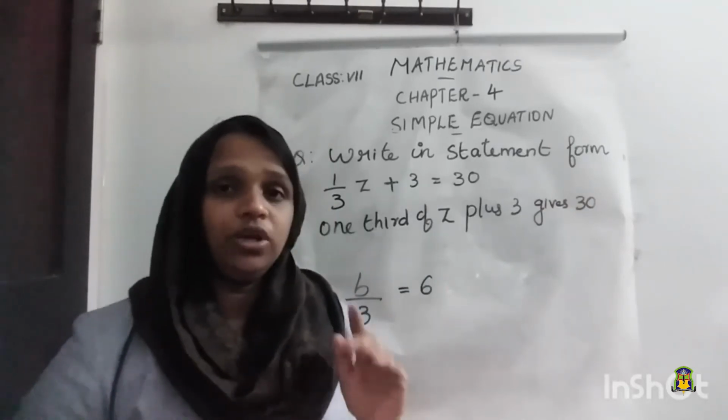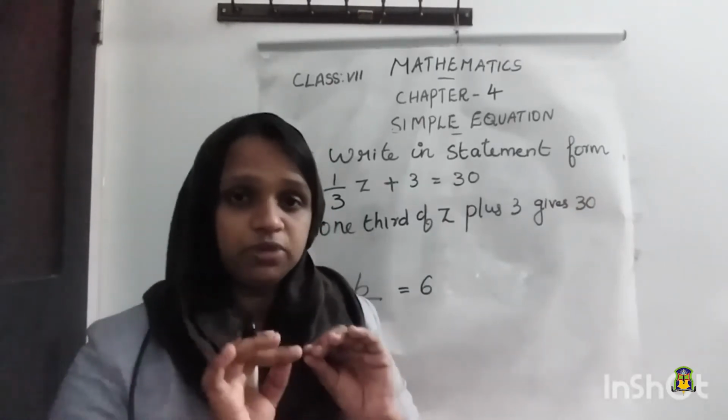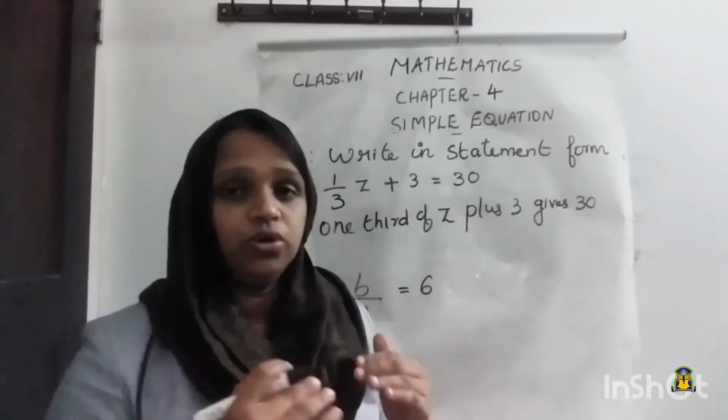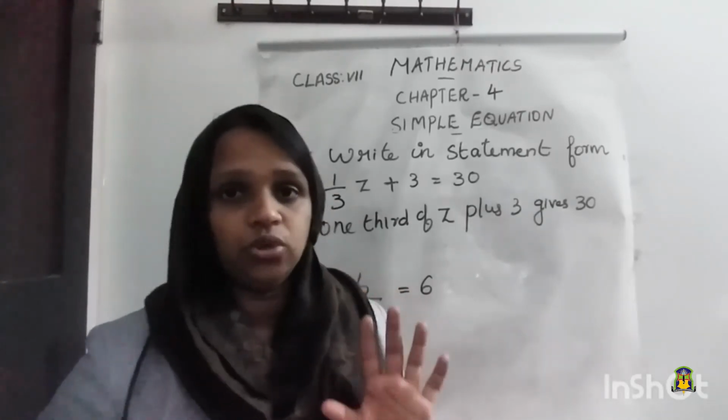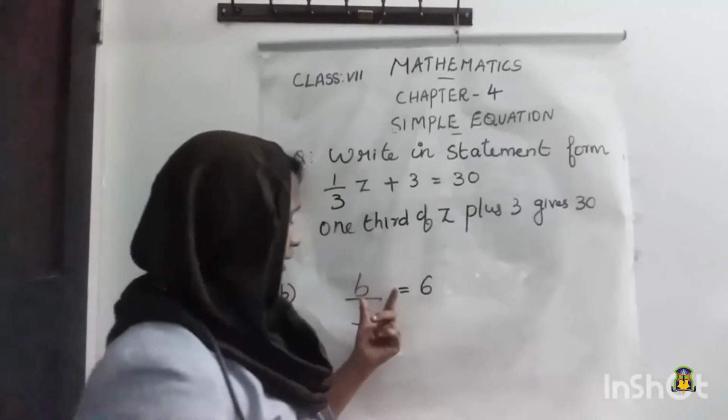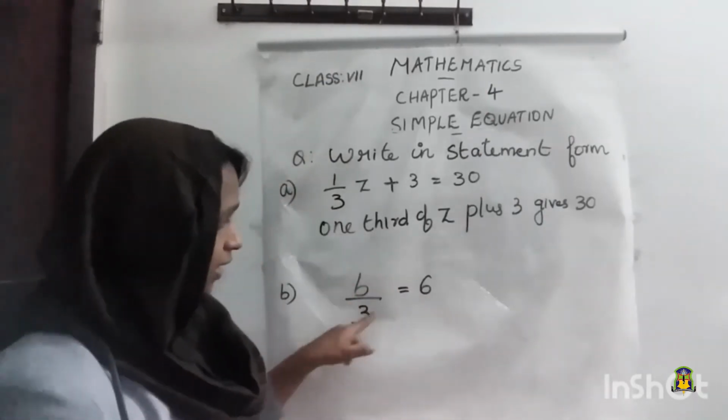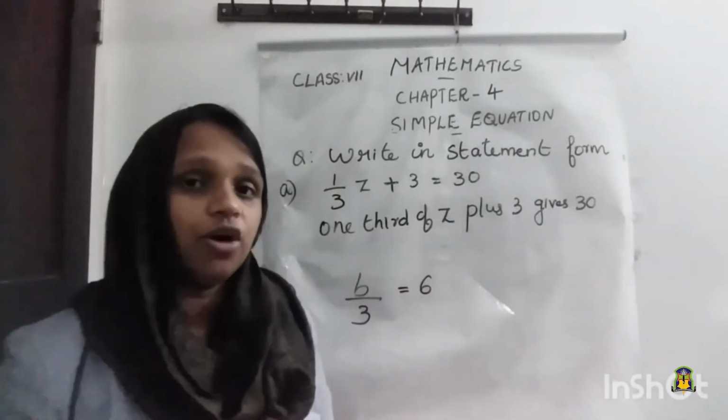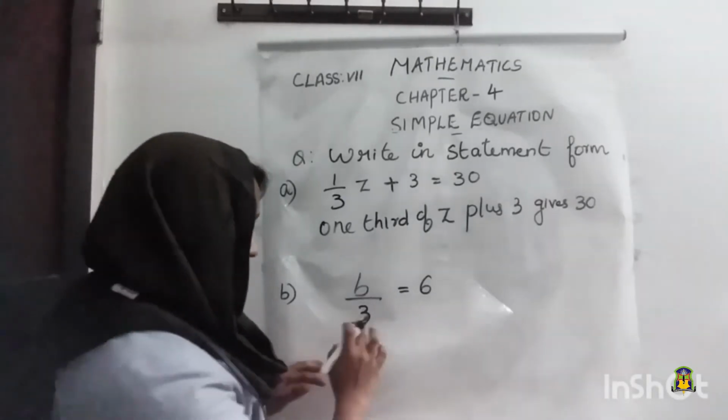In subtraction only, that statement should be absolutely correct. That means "from" and all. Okay. Now here next question, b by 3 equal to 6. How can we write?